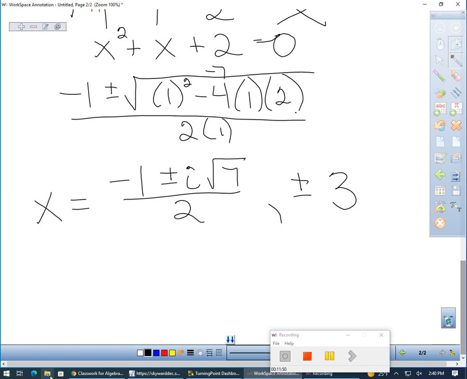Okay? So that's the idea. You're trying to break it all the way down. Now, if we wanted to really be ambitious, we could take these 4 zeros, put them in our factors, multiply them all back together, and we go back to where we started. Right? You see where this might be going? Okay. Let's try another one.